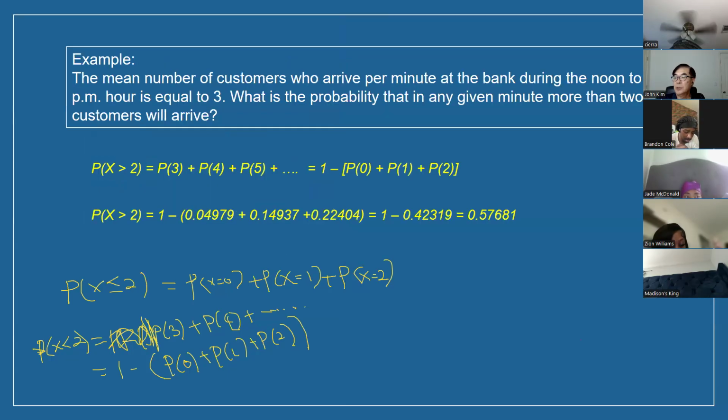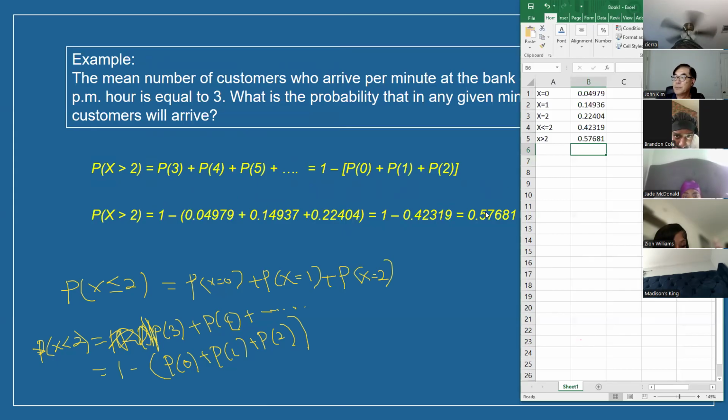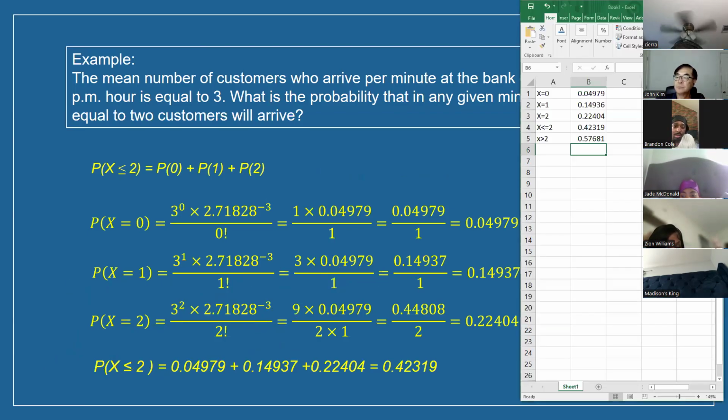So the earlier calculation using the formula is the same, and the earlier one is the same.